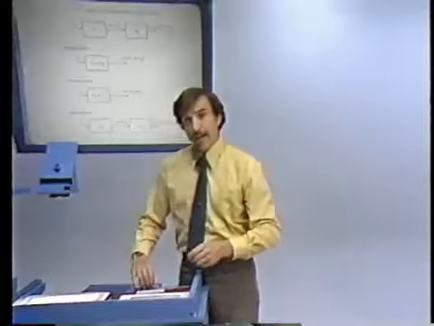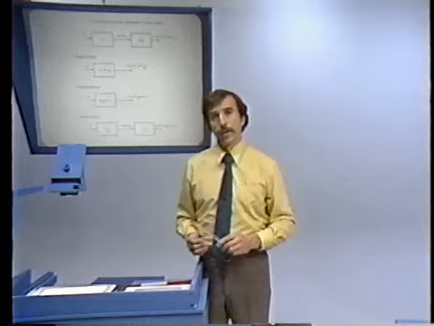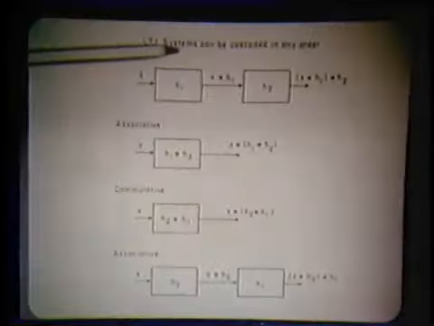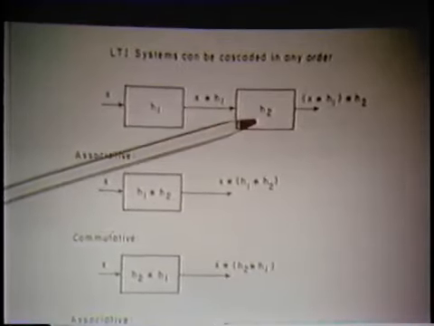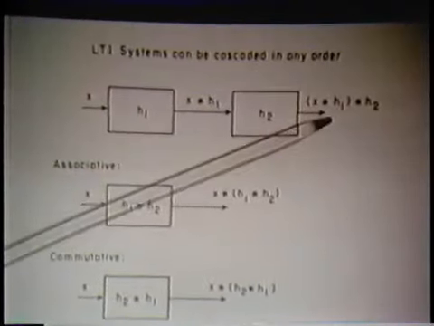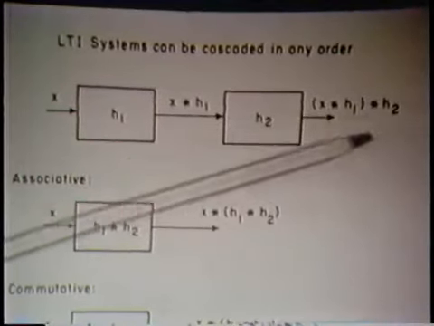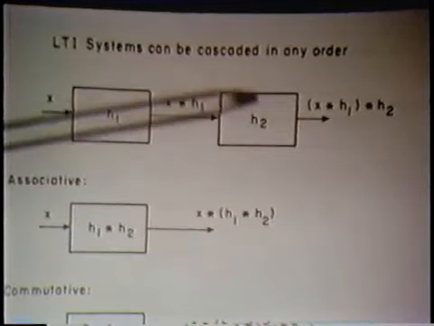To see this, let's first consider the cascade of two systems, one with impulse response H1, the other with impulse response H2. And the output of the first system is then x convolved with H1. And then that is the input to the second system. And so the output of that is that result convolved with H2. So this is the result of cascading the two.